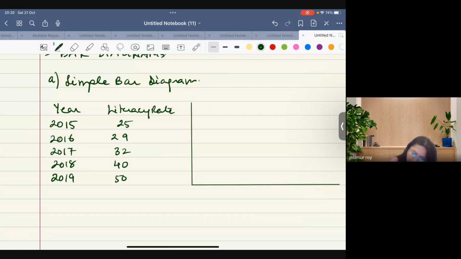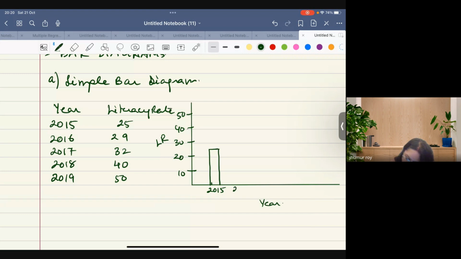So I mark this as maybe 10, 20, 30, 40, and 50. And here I'm taking literacy rate, and here I'm taking year. So the first year that I'm taking is 2015. So 2015, my information says that it is 25. So if I'm drawing this, it will come out to be this kind of diagram.